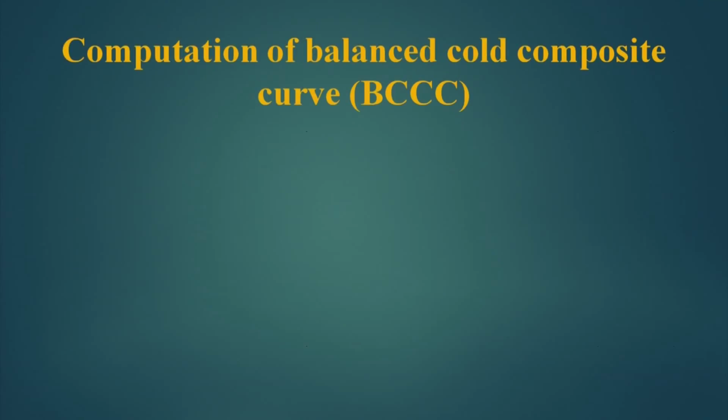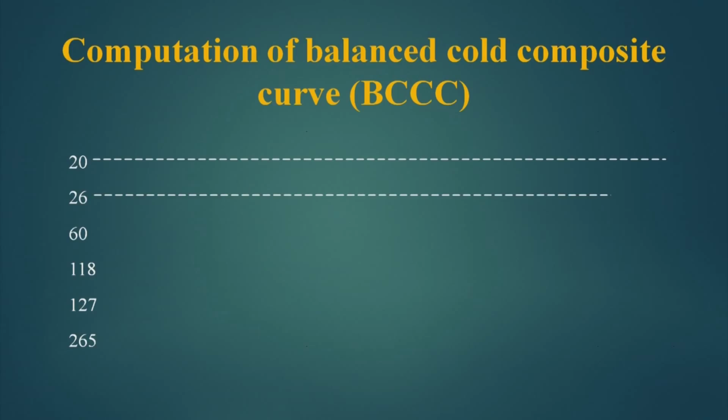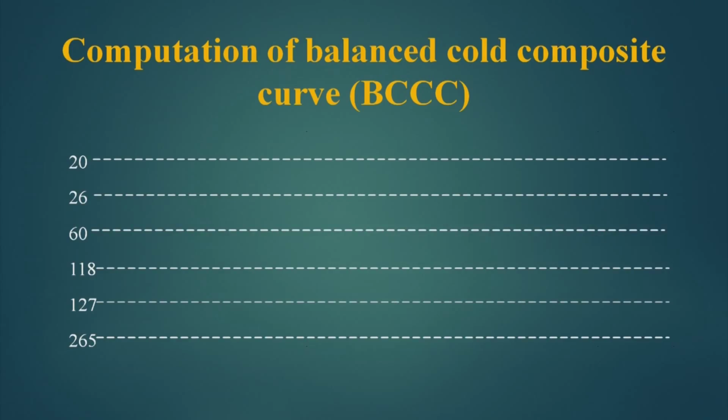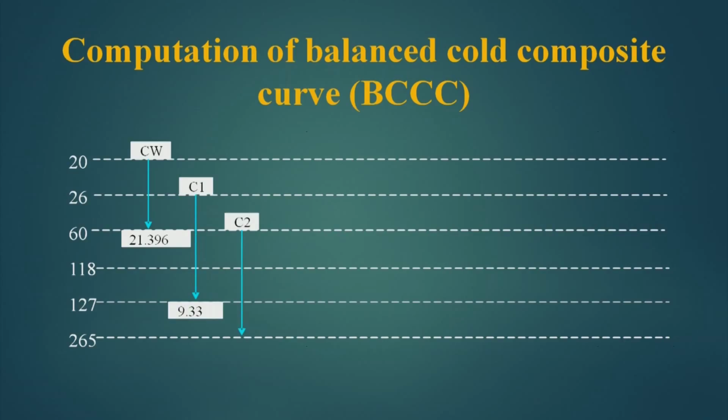Let us see how to plot the balanced composite curve. For this purpose, we first draw the temperature levels and then find out the cold streams and cold utility. Here the cold utility is working from 20 degrees centigrade to 60 degrees centigrade.